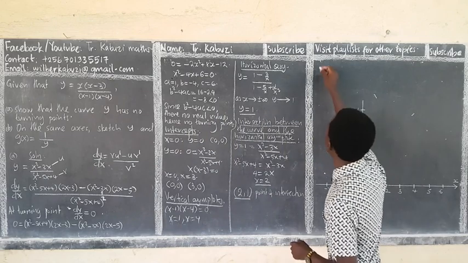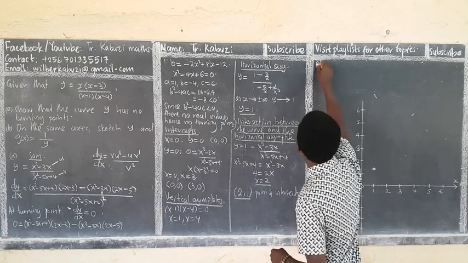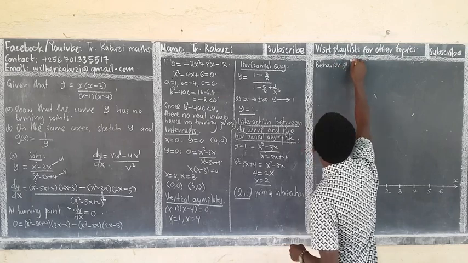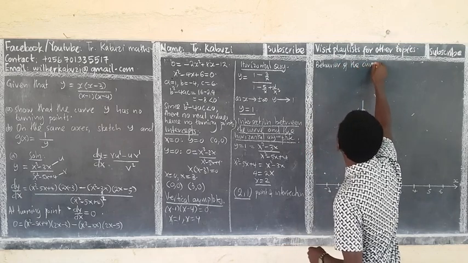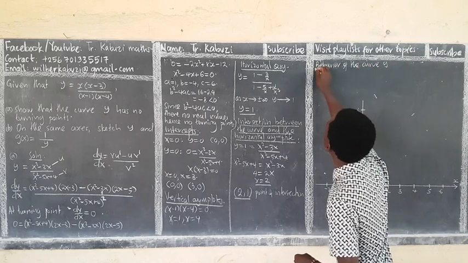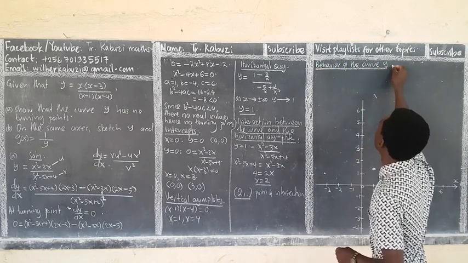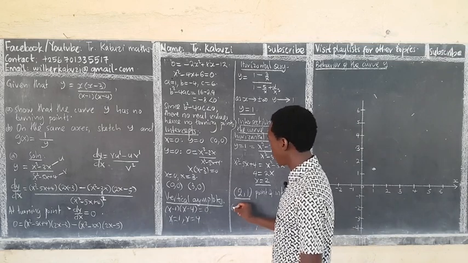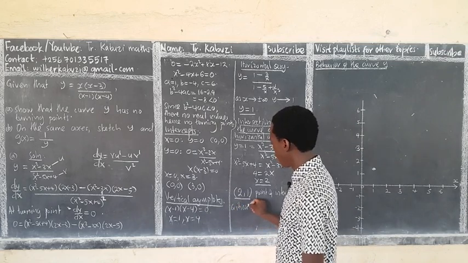So now we check for the behavior, or the nature, of the curve. That curve is y, in simple terms, the behavior of y. So there we get the critical values.